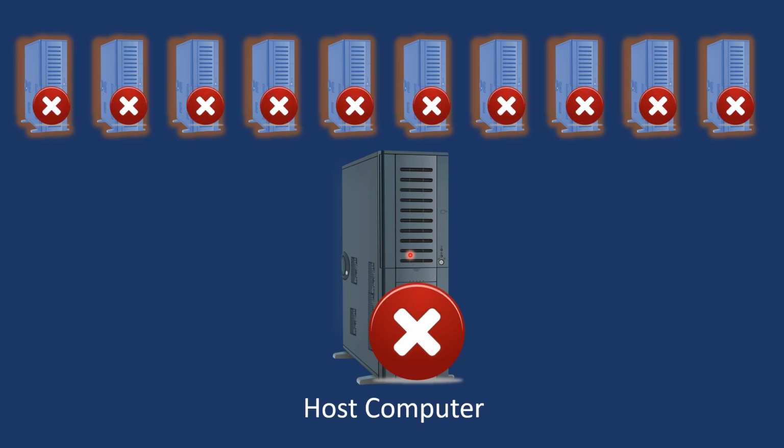So this is a pitfall of virtualization technology. Actually, it's not a pitfall, because this is by nature: if this host computer is down, for sure all these virtual machines shut down also and break down. So how do companies deal with this situation?